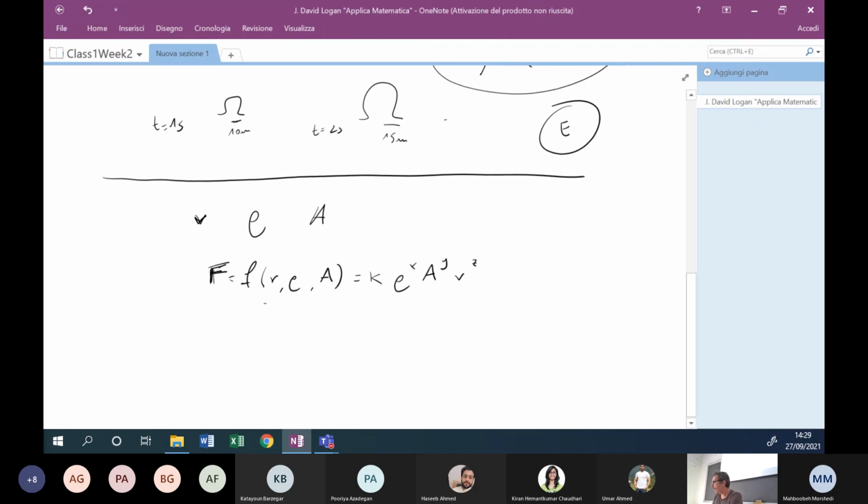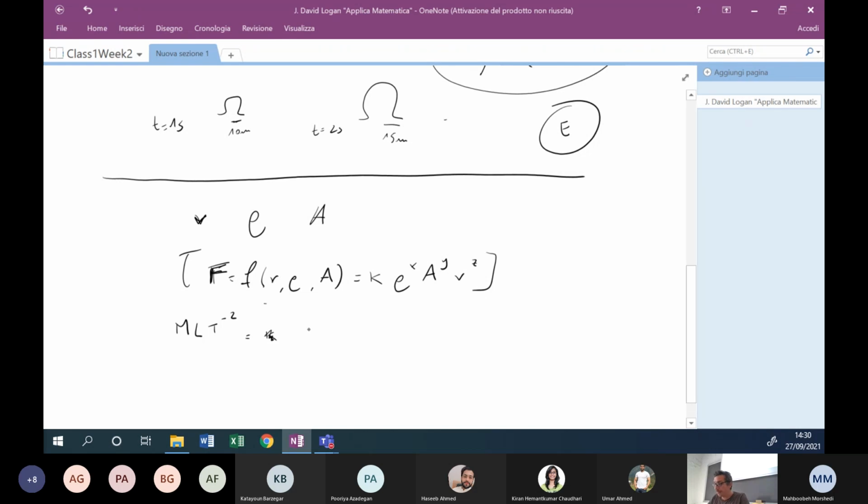However, I know that if I'm taking now the dimensions of this thing, on the left-hand side I have a force. What's the dimension of a force? It's a mass times an acceleration, right? Times t to the minus 2. On the right-hand side I have k. I'm going to suppose that k is dimensionless.